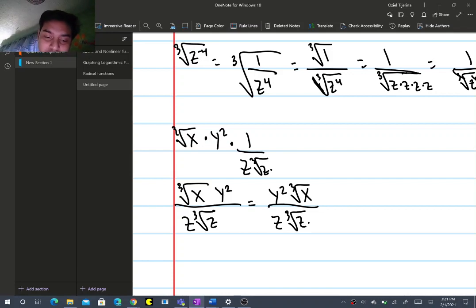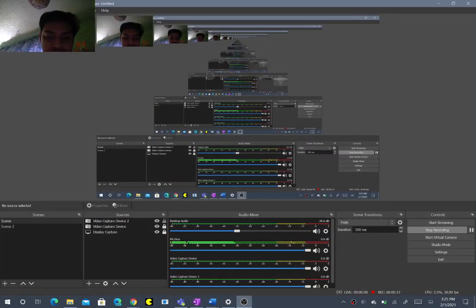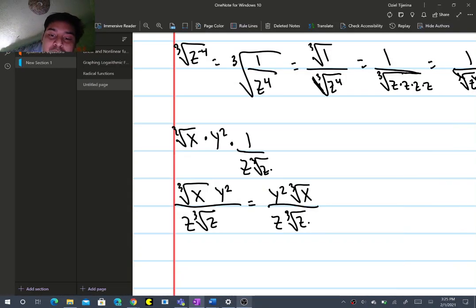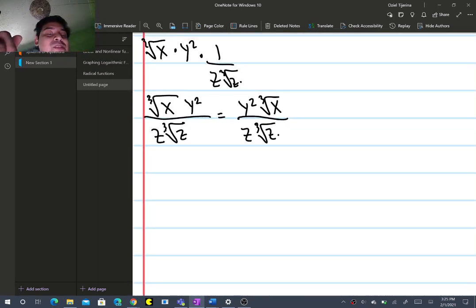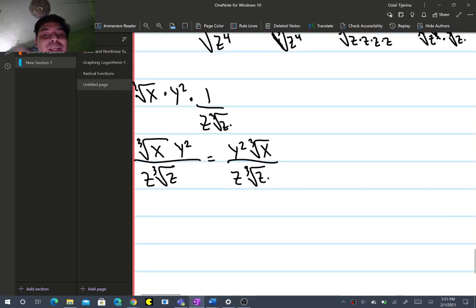Now you can go ahead and get rid of the radical if you want. So give me 1 second. Okay, so you can get rid of the radical if you want. Some teachers will let you just put it like this, but others are not that nice. They want to get rid of the radical on the bottom.